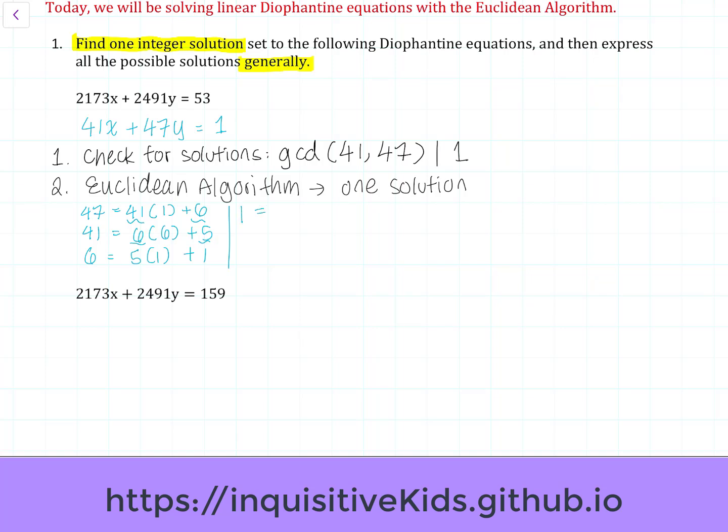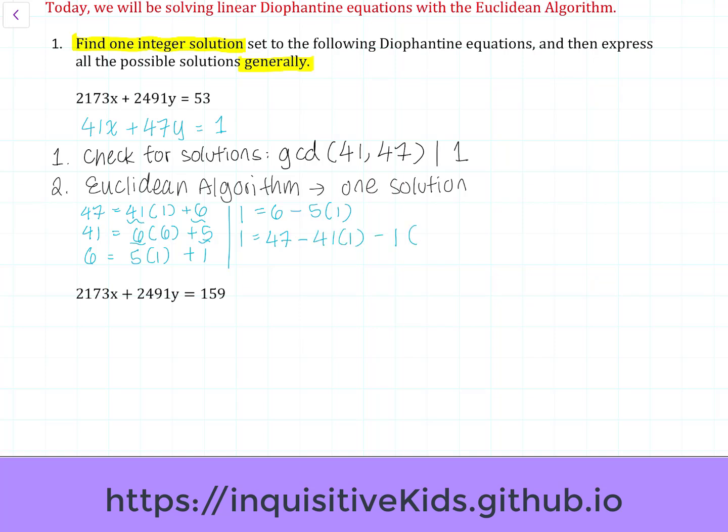So how can we express 1? Well, 1 is equal to 6 minus 5 times 1. And we're really trying to express 1 in terms of 41 and 47. So now we're going to use what we know from the left side and substitute in 6 and 5. 6 right here is equal to 47 minus 41 times 1.